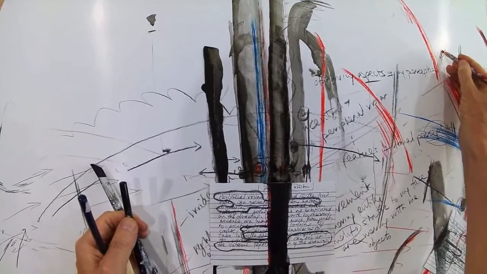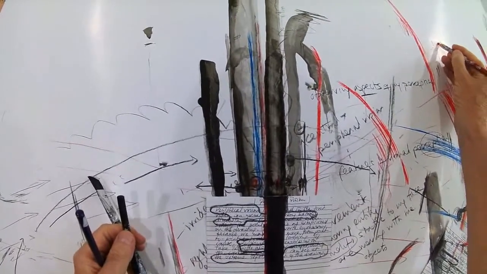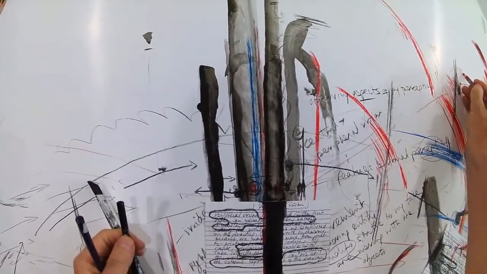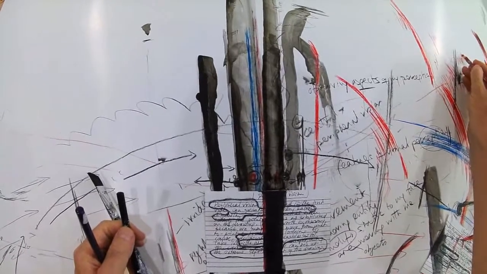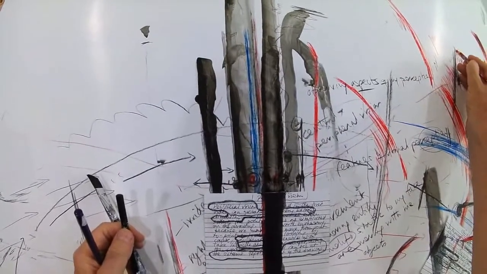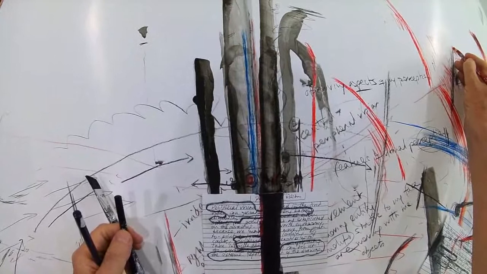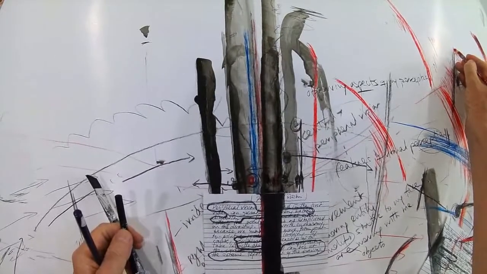rim of the lens goggles. So to position this more accurately, I have to look through the corner of my eye.